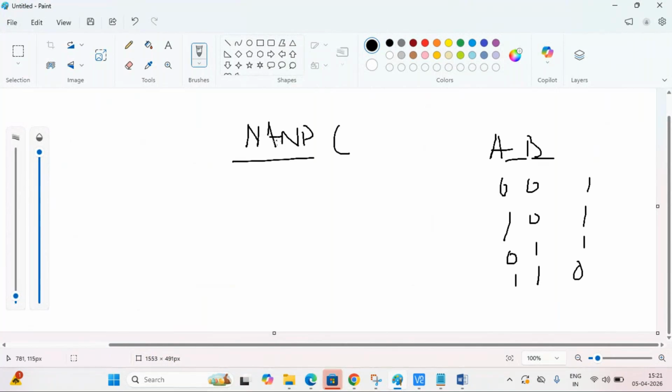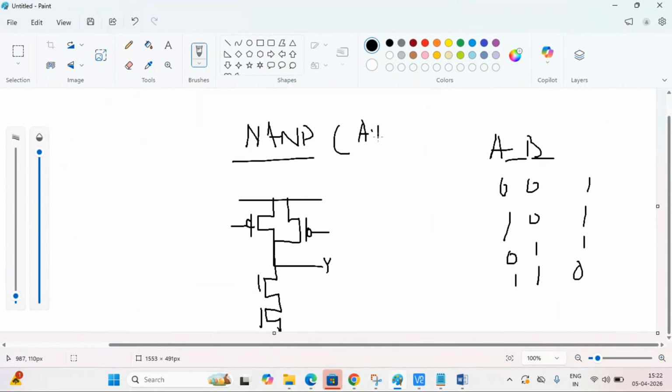We need to design a NAND gate. So it is A dot B whole bar. Dot means series, so make A and B in series for the NMOS. I'll just tell you why it is series.